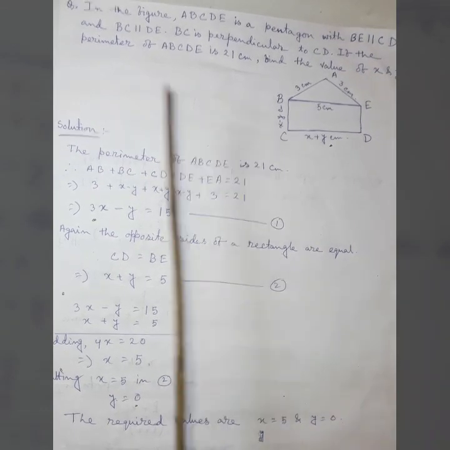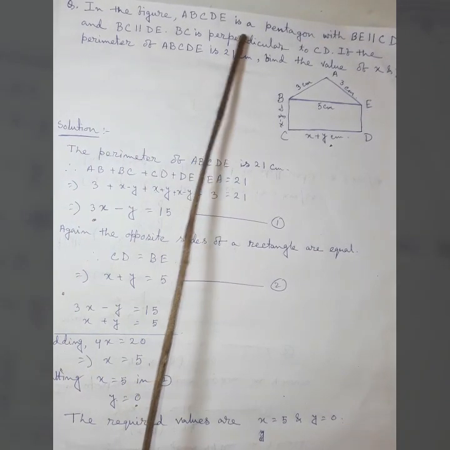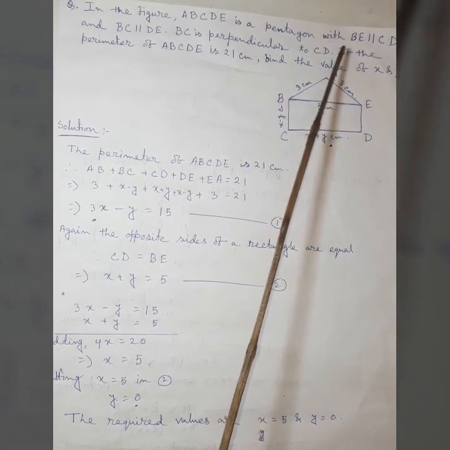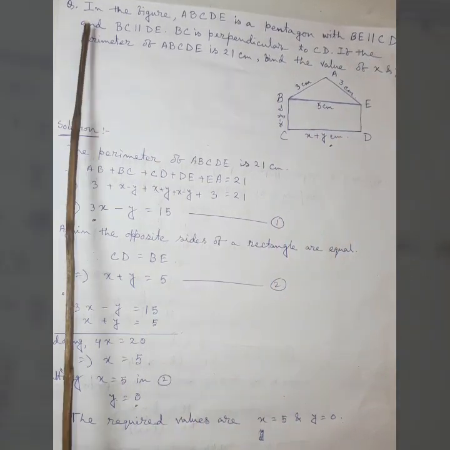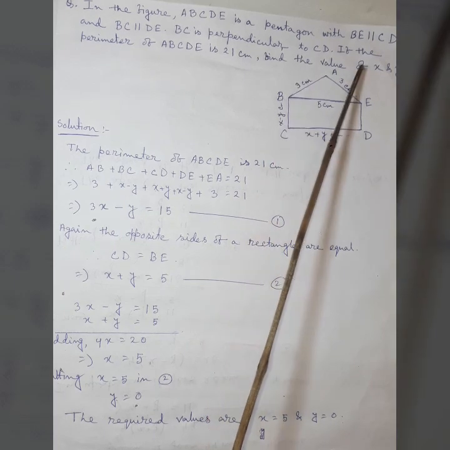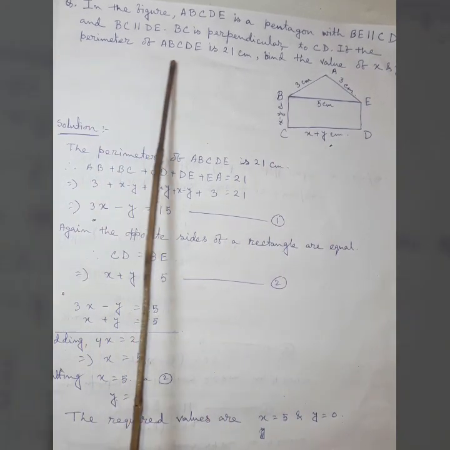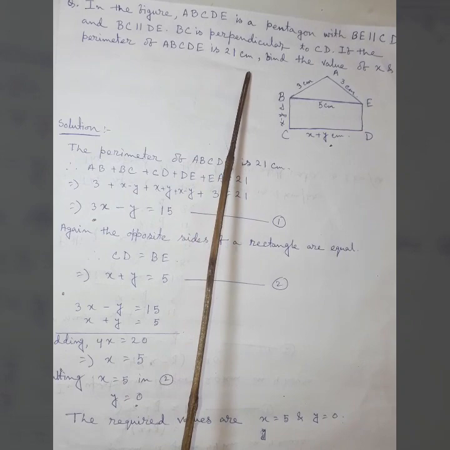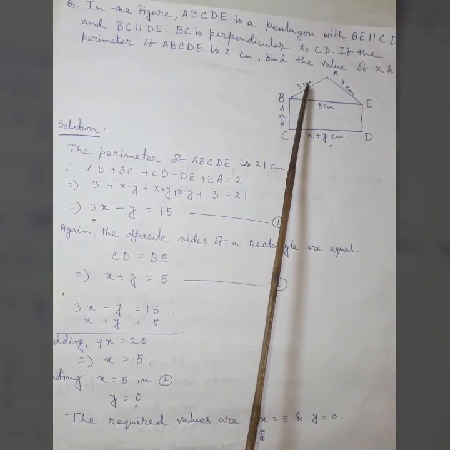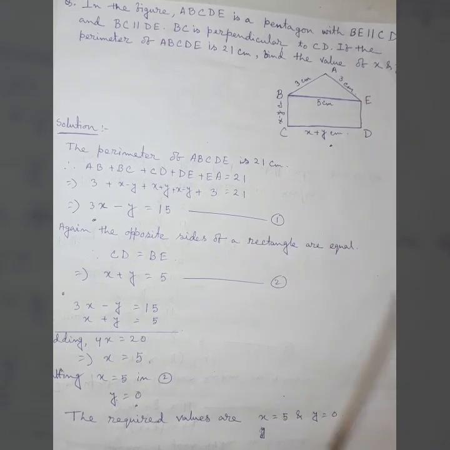A word problem is given. In the given figure, ABCDE is a pentagon with BE parallel to CD and BC parallel to DE. BC is perpendicular to CD. If the perimeter of ABCDE is 21 centimeters, find the value of x and y.